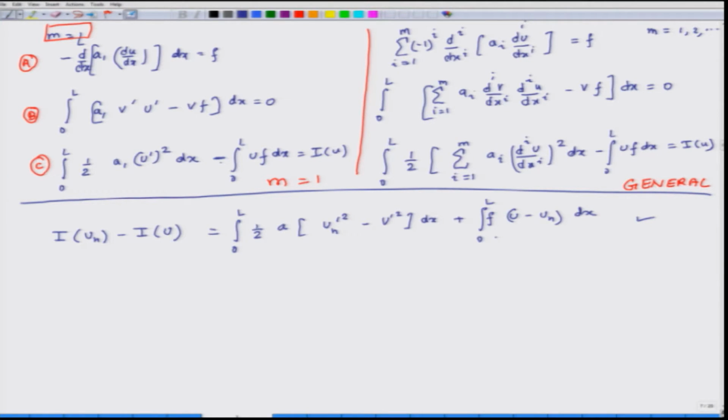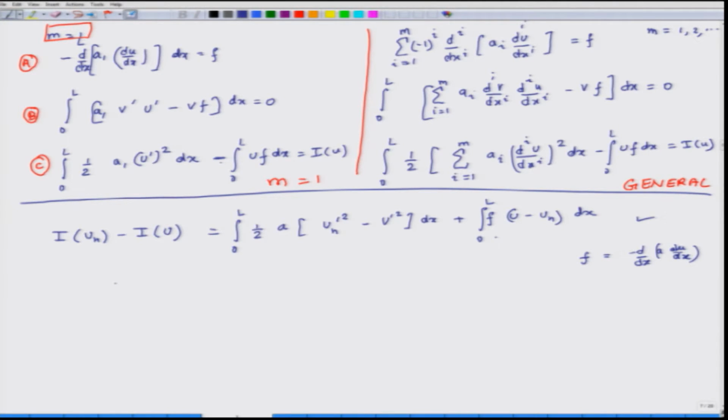Now, we know that f equals minus d by dx of a du over dx.